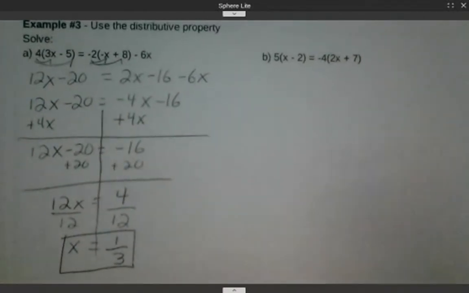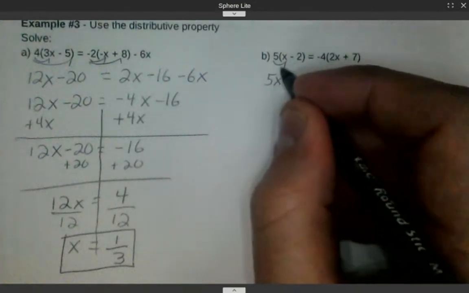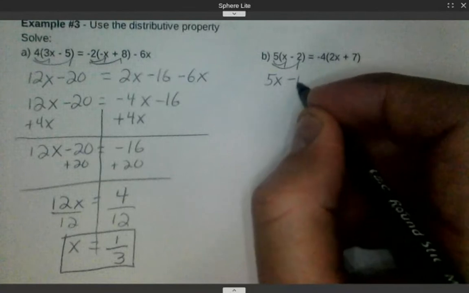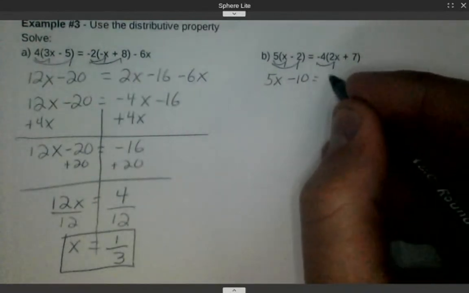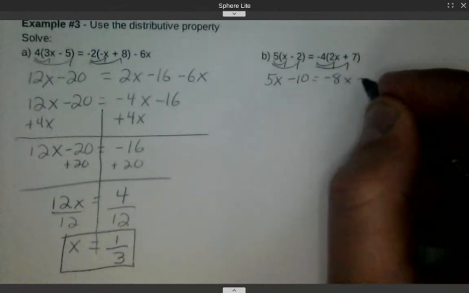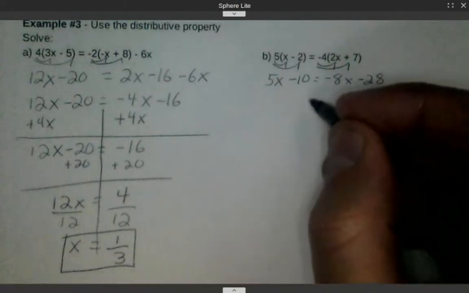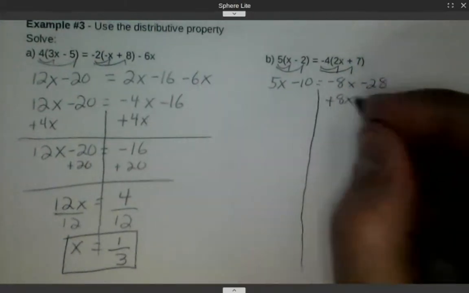On letter B, we want to do also the distributive property. So 5 times x is 5x. 5 times negative 2 is negative 10. Negative 4 times 2x is negative 8x. Negative 4 times 7 is negative 28. I want to get the x's on one side, the numbers on the other side, so I'm going to add 8x.